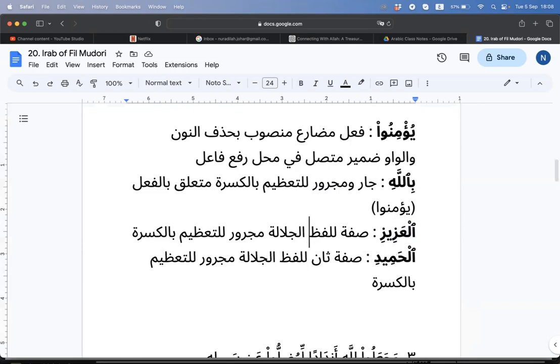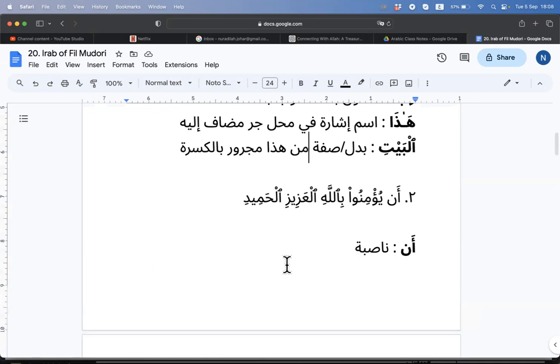So can you translate? Right now you translate an as 'to'. It is a connecting word. Right now we don't know what it's connected to, meaning that later we will learn there is a second role of an. Whenever we have an, it is not just nasibah, there's another thing coming, but that is much later. So to yu'minu.